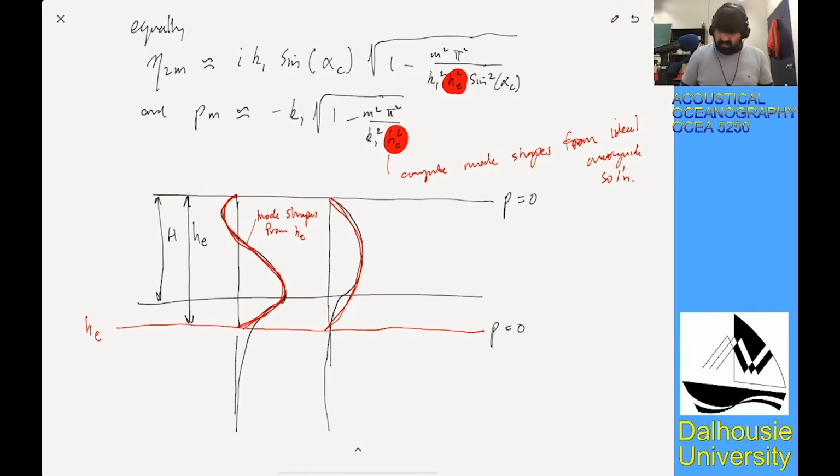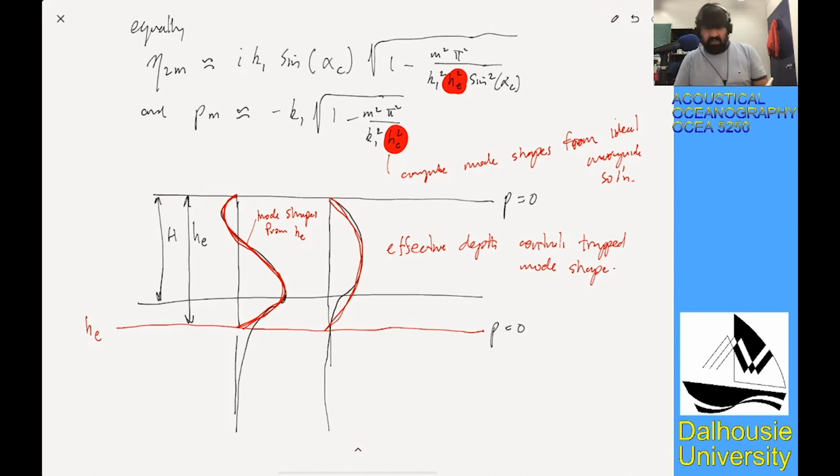So by compute, I mean very, very straightforward. So this effective depth really controls the trapped mode shapes. Of course, it's an approximate solution, but pretty powerful approximate solution.